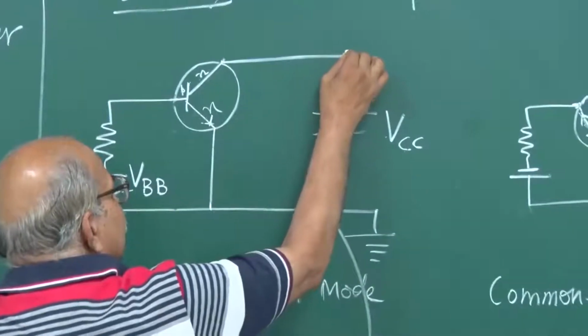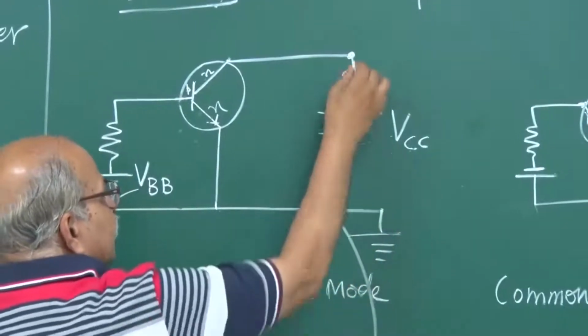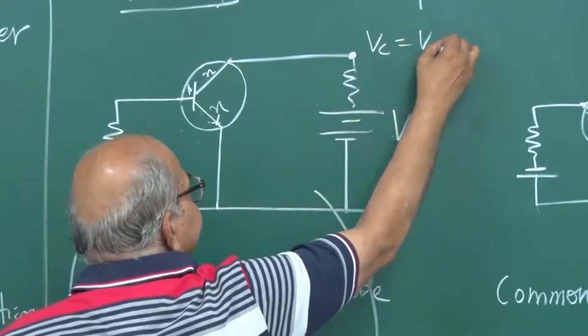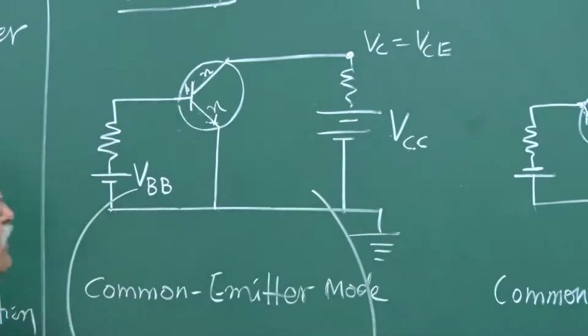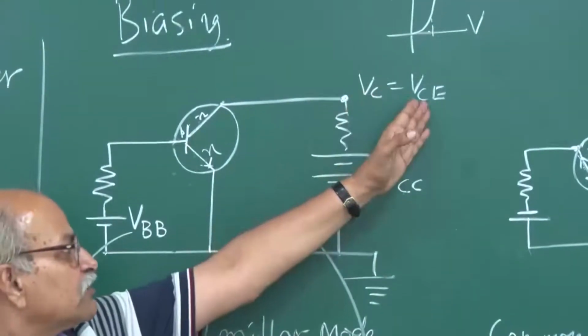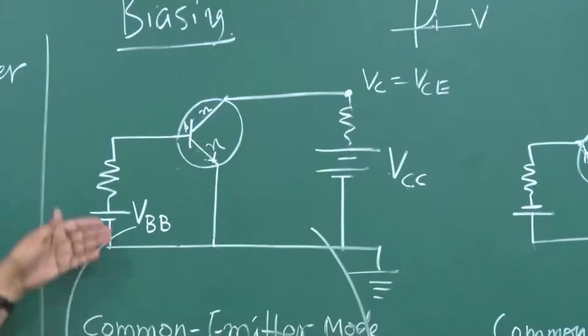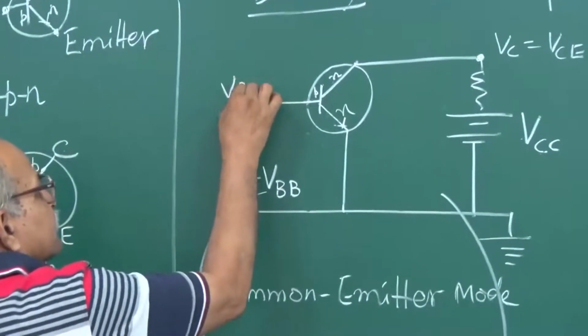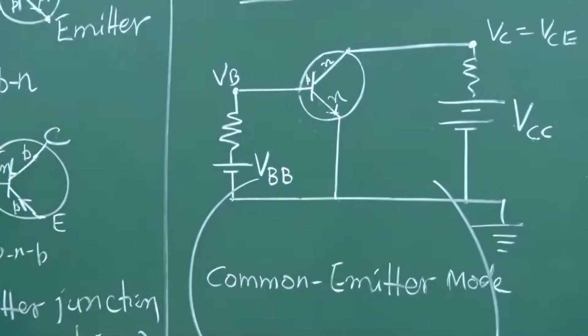This potential as compared to this 0 is VC, which is in fact the same as VCE. Normally people use this one, and similarly VB will mean the potential here. So these are the kind of symbols.